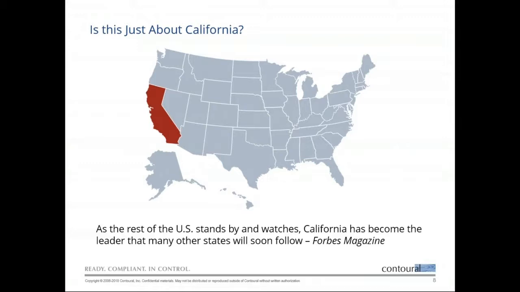The threat of hacking is a worldwide phenomenon now. So let's not be surprised if this is just the first one, and other states begin to pass this law. That's part of the reason why we think it's a good idea to be prepared, especially if you do business in California, but even if you don't.